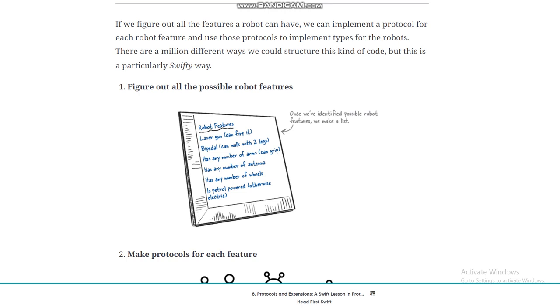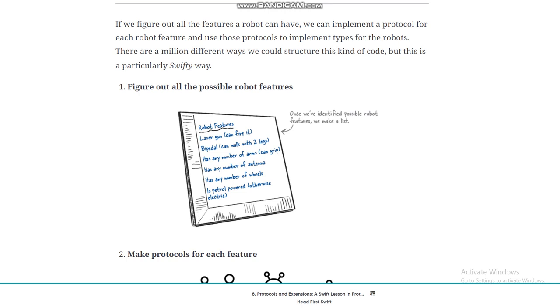So we figure out all the features that robots can have, and we can implement protocols for each robot feature and use those protocols to implement types for robots. There are millions of different ways that we could structure this kind of code, but this is a particular Swifty way.